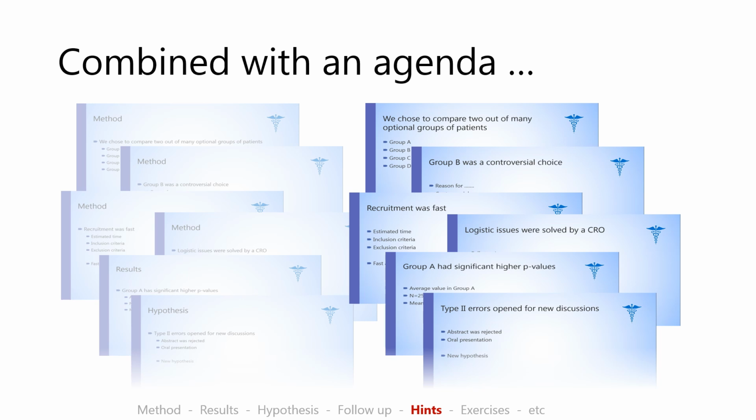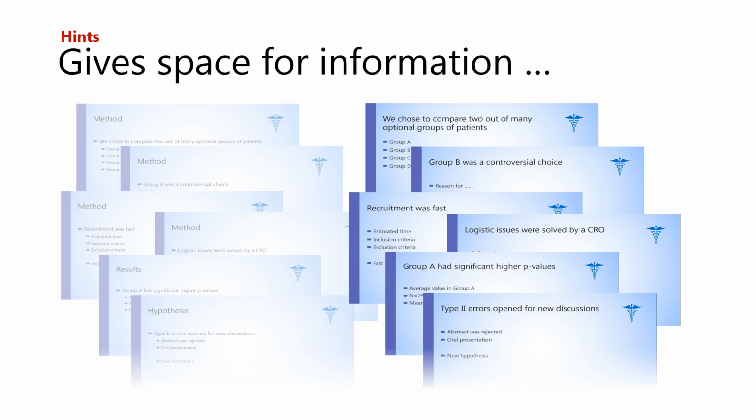It could be an agenda line like this one at the bottom of the slide, telling we are now in the hints section of my talk, and I'm telling the story in the heading and with the content of the slide. Or we could put a category on top and still give space for information. Well, that was just another hint.